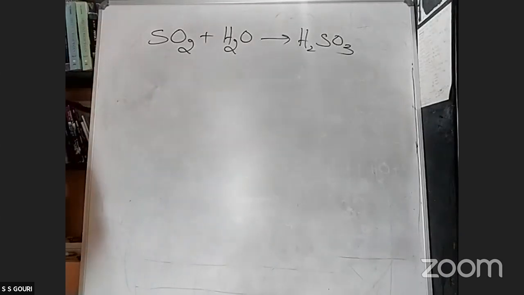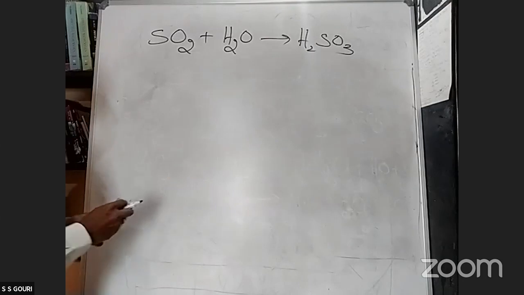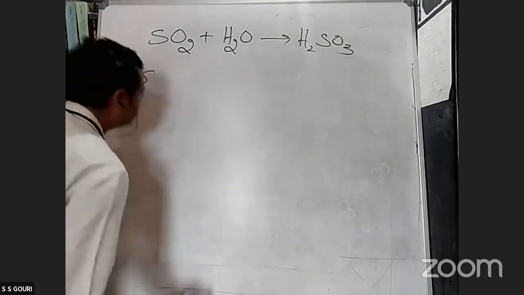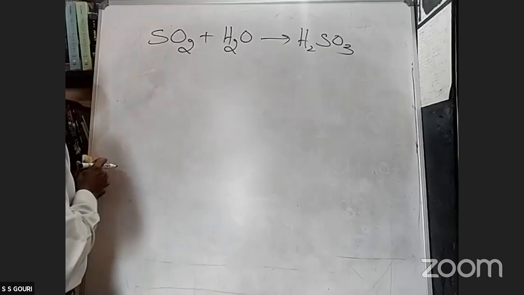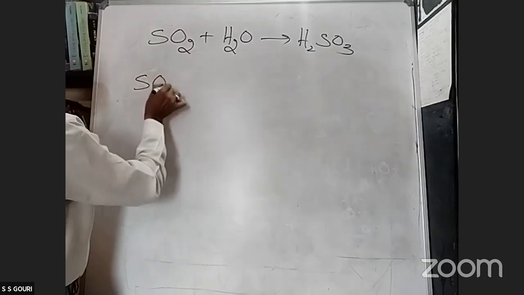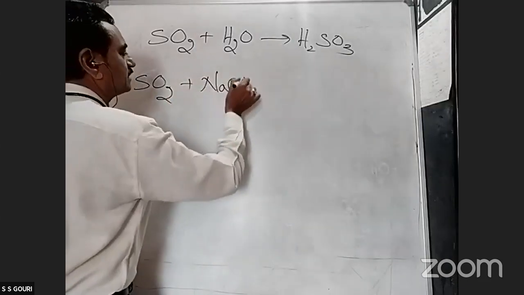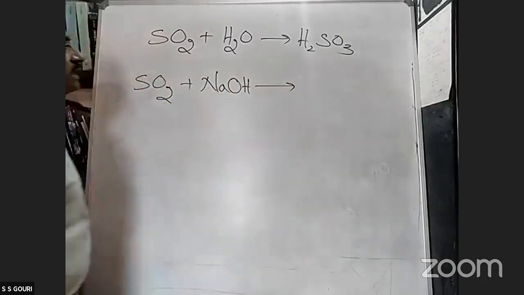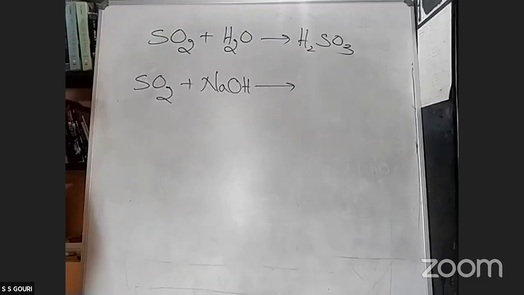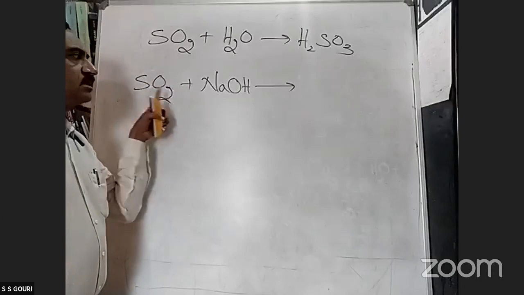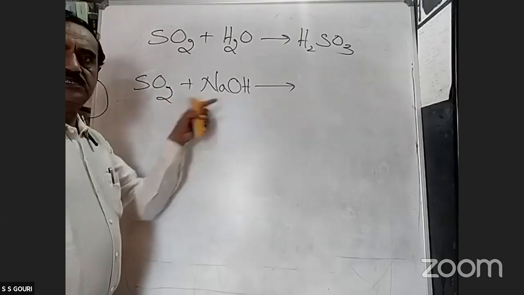And it can react with bases. SO2 can react with bases like NaOH, KOH, or Ca(OH)2 to form the respective sulfites. When SO2 reacts with NaOH, as I told, SO2 is acidic in nature and NaOH is a base.